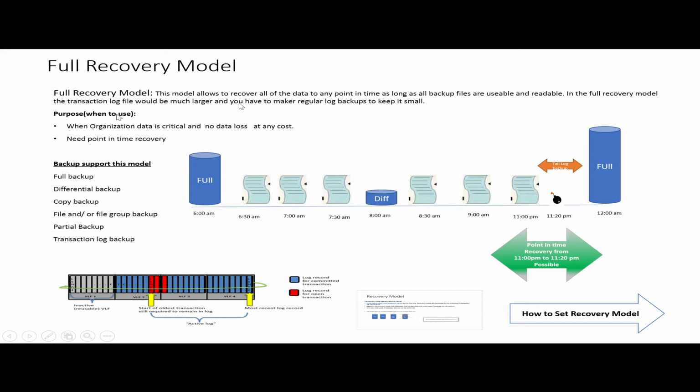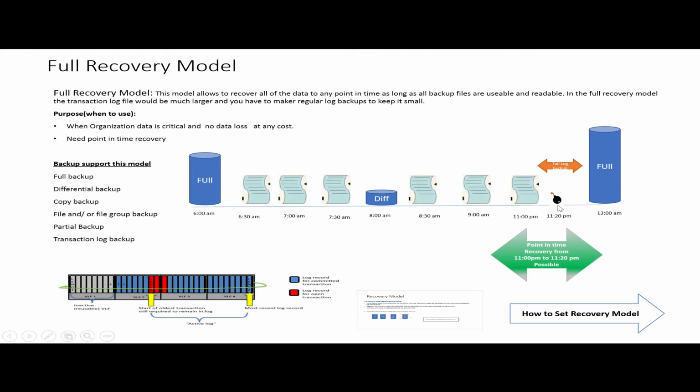So now we have the backups until 11, and at 11 we have the log backup. So what about the data which we have entered from 11 to 11:20? As this is the full recovery model, we can recover this data.